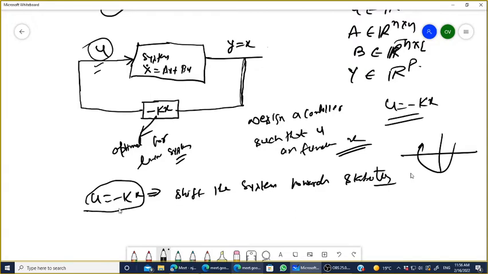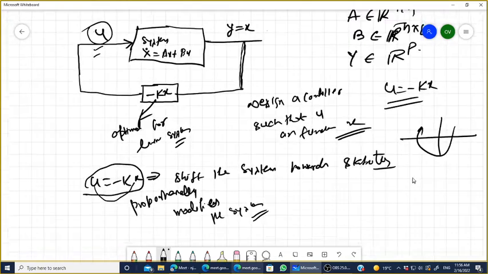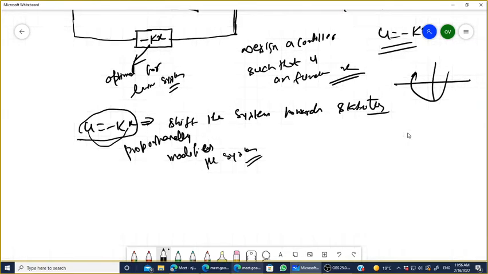So this u is equal to minus of kx. अब देखिए, u is proportionally, this x is changing proportionally as u changing. So proportionally modification is going to be done, right, the system. Proportionally modifies the system. Right. Now let's see. तो u is equal to हमने क्या लिखा? We have written x dot is equal to ax plus bu, where u is equal to minus kx.